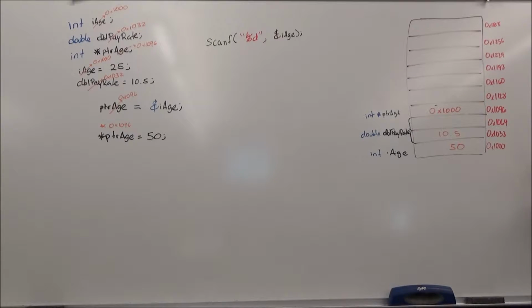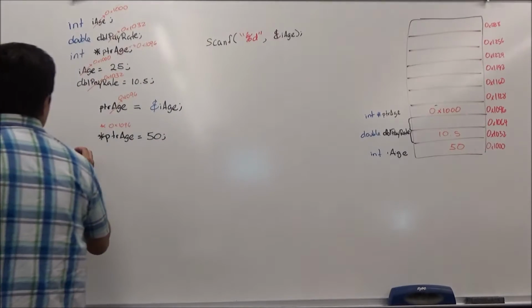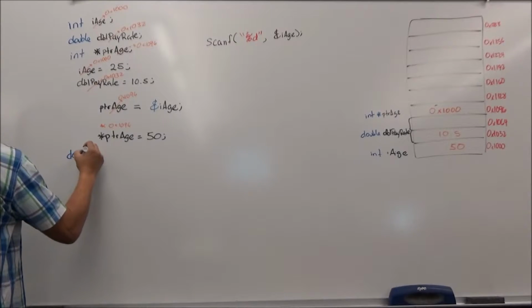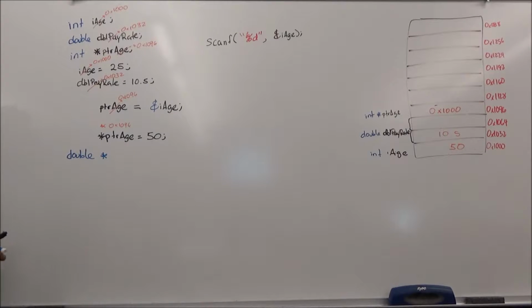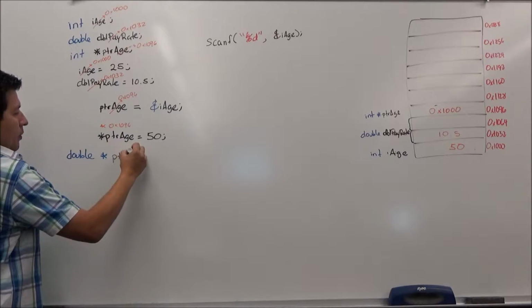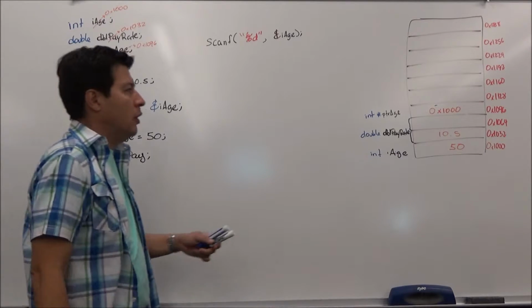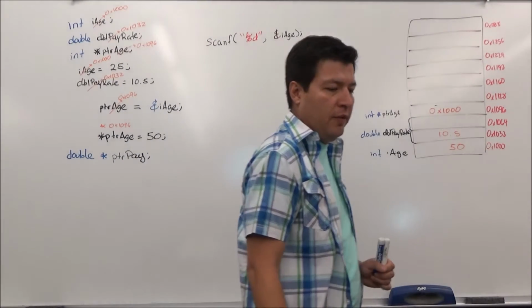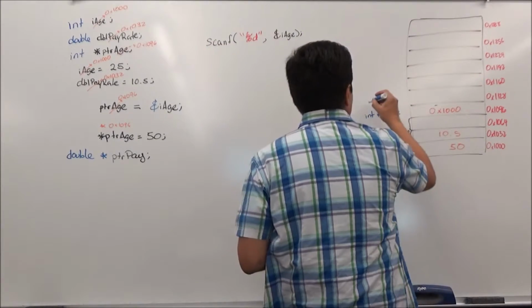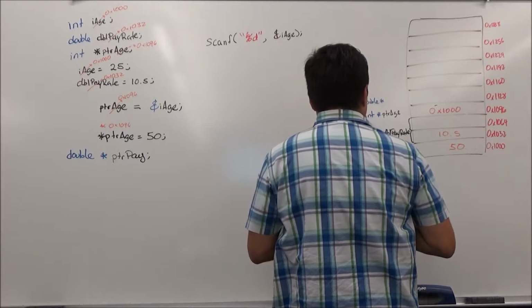So, let's say I declare a pointer to a double. All I have to do is put the star, and then I'll just call it pointer to A. So in here, the computer is not going to allocate 64 bits, it's still going to allocate 32 bits because it's a pointer and all pointers are the same size.